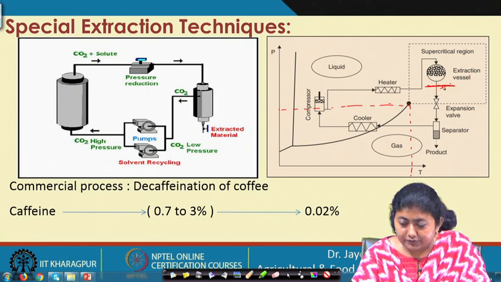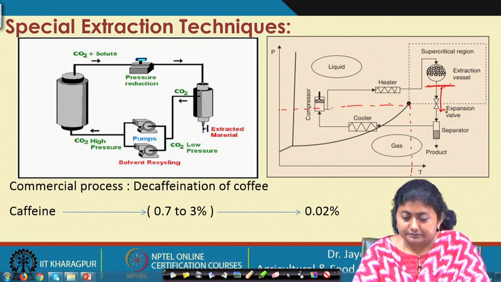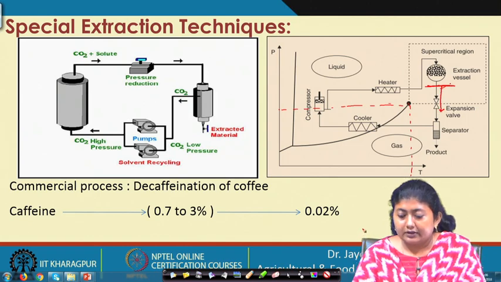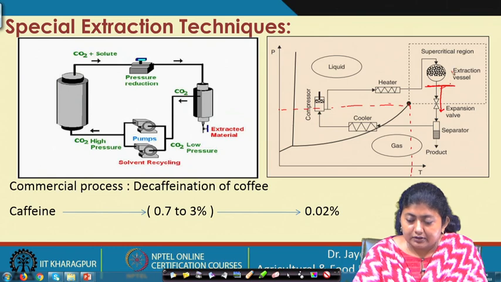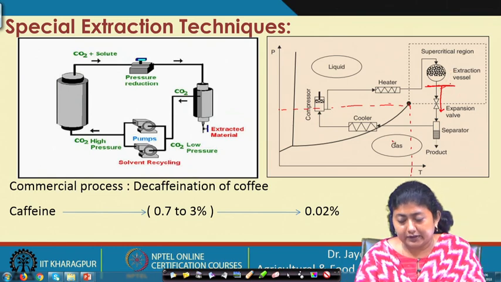So, then we need to decrease the pressure. When we decrease the pressure, the solubility is no longer high, so all the components will be separated, and the carbon dioxide we will get in gas form.